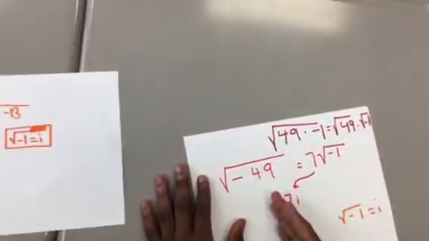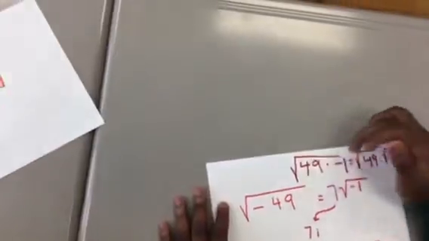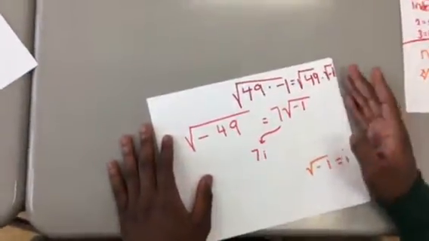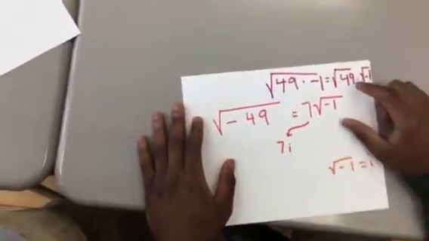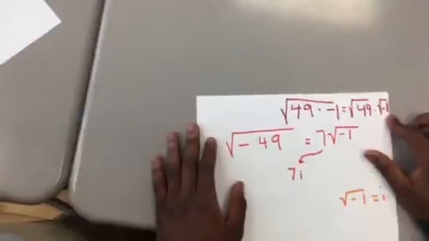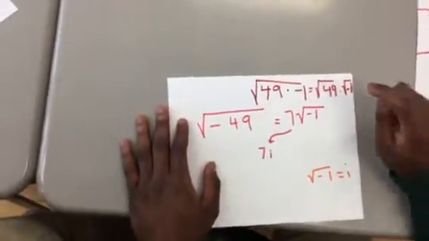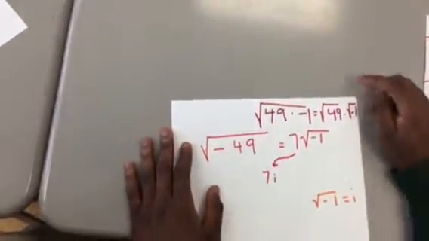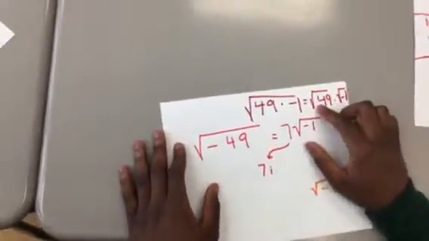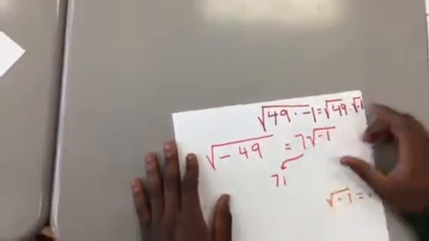Because we know any number times -1 is a negative number, we're going to split this into 49 times -1. And because we said earlier you can split these into 2 radicands, we'll have the square root of 49 times the square root of -1. Because we know the actual square root of 49 is 7, we can bring that down and change that to 7.